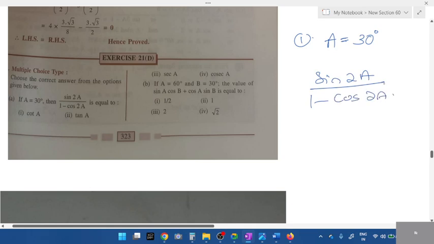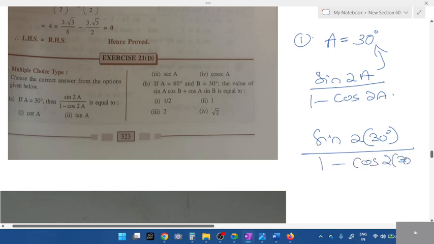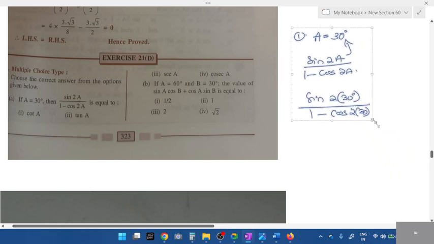In place of A, what will you have to substitute? All of you respond. In place of A, how much do you have to substitute? 30 degrees. Sine 2 into 30 divided by 1 minus cos 2 into 30. That's it. Solve this, you'll get the answer. Try this. What is 2 into 30? Sine 60. Right, sine 60 value.